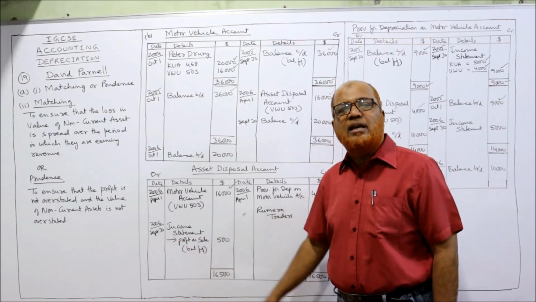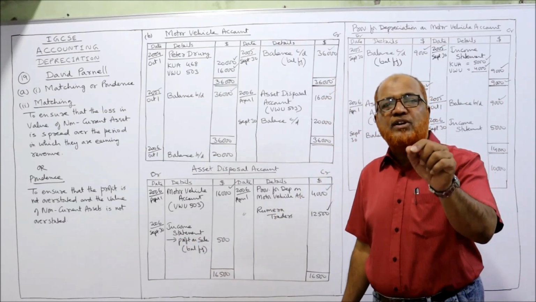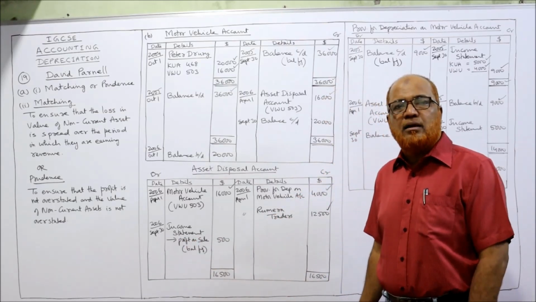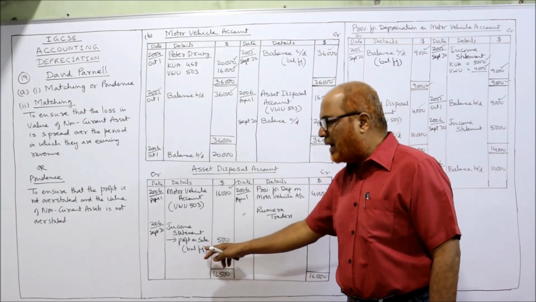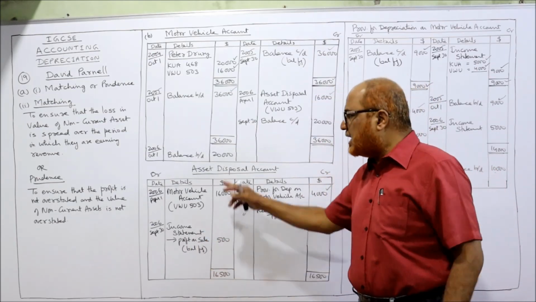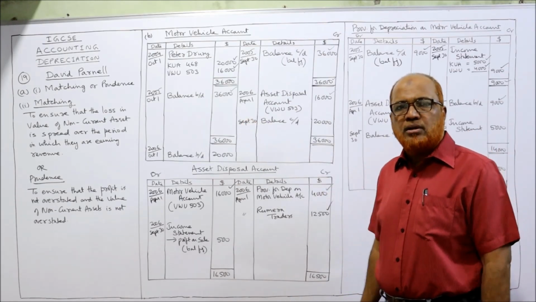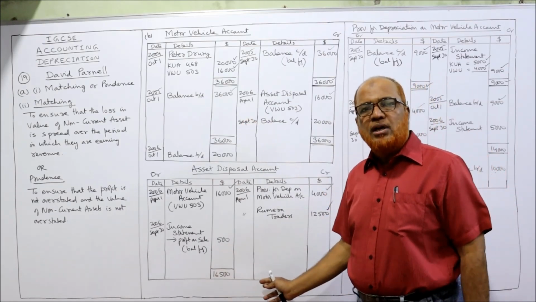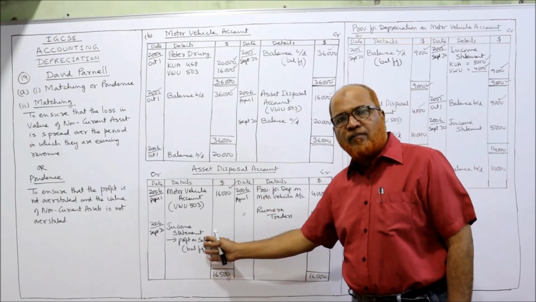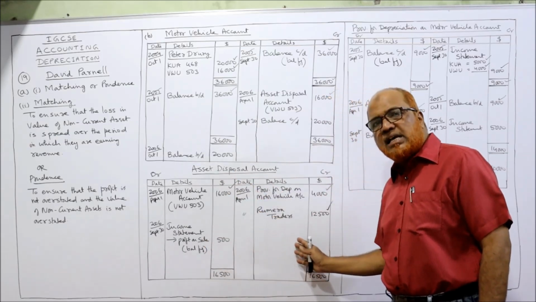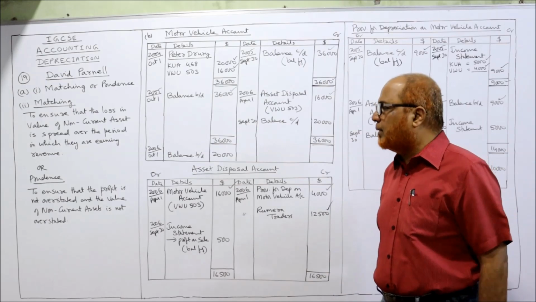This will be transferred to income statement. This is the profit on sale of motor vehicle. $500 is the balancing figure. So the asset disposal account will always get closed. The balance will be profit or loss. If the credit side is more, there is a profit. If the debit side is more, there is a loss. That point you have to remember.